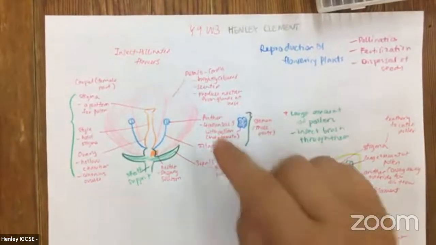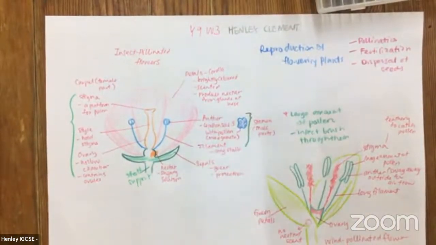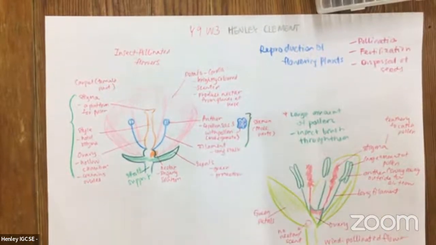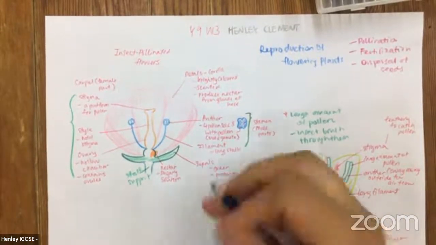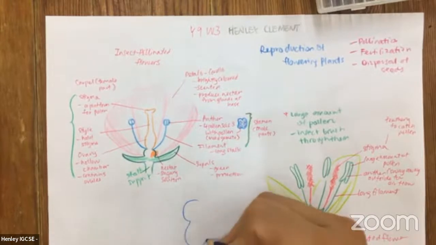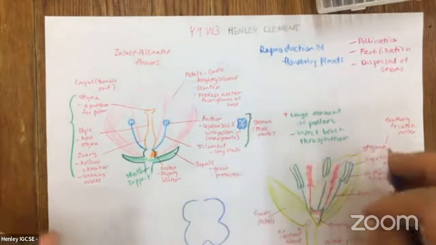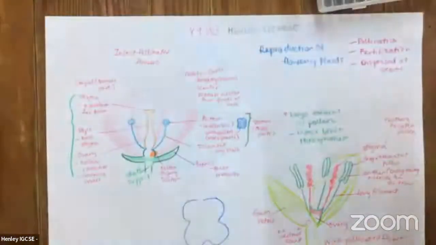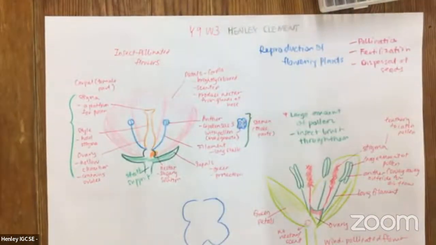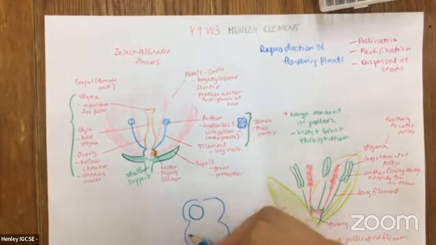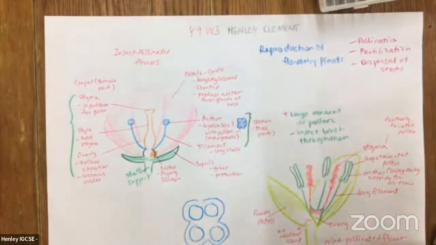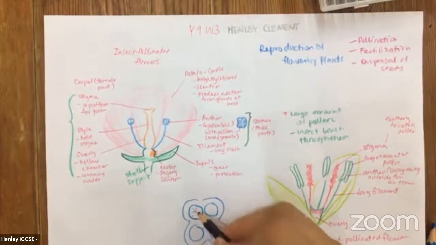Number 1 is called the anther. The anther actually has, can you see, 4 pollen sacs. Pollen sacs means what? This is a bag. Then we have 4 sacs, and we have a lot of pollen inside.